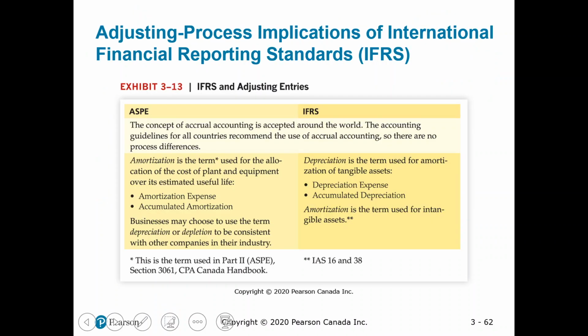Difference between ASPE and IFRS, we're not going to go into detail here. The real only difference that you guys need to be aware of right now is that they're named differently. So IFRS uses depreciation. I've said that we can use either in this case, so just a minor difference, not something to focus on.